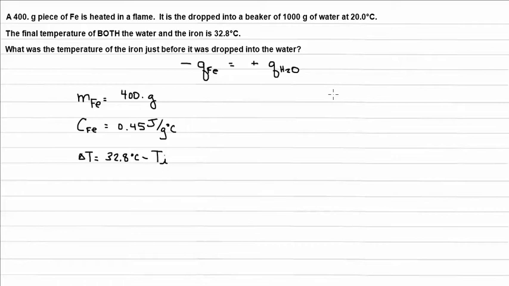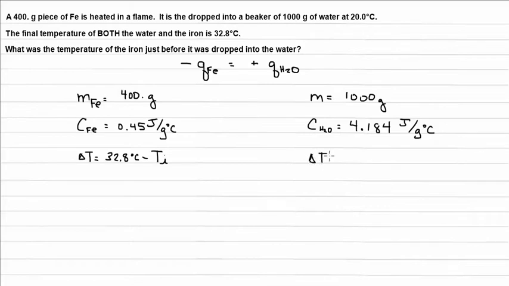Let's talk about what's going on with the water. Q equals MC delta T. M is equal to 1,000 grams because we have 1,000 grams of water. The specific heat capacity of water is 4.184 joules per gram degree Celsius, or gram Kelvin. This is one that you're going to have memorized by the end of this. As I explained in the last video, delta T in Kelvin is the same as delta T in Celsius.